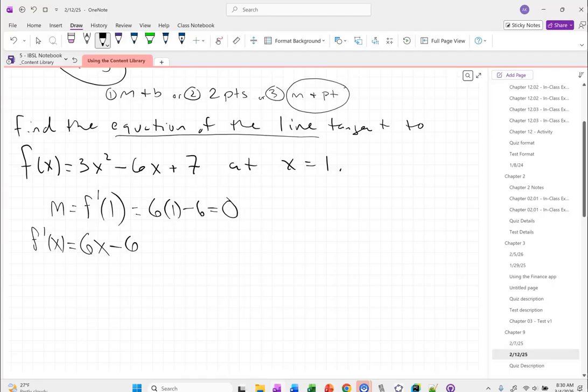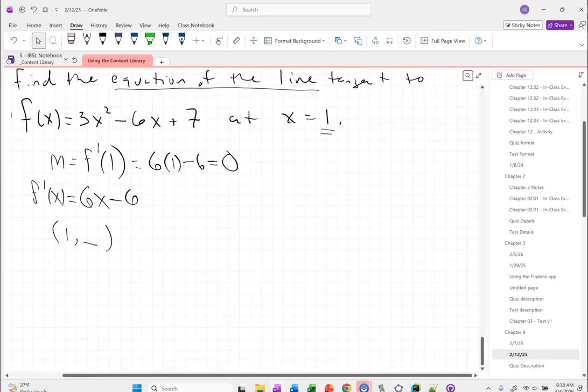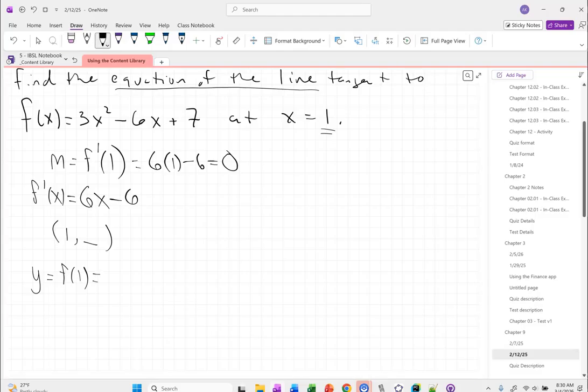How am I going to get the point then? I have the x coordinate, right? How am I going to come up with that y? Doesn't y equal f of x? So y should equal f of 1.